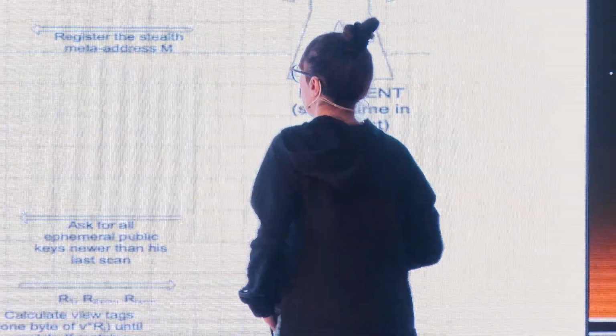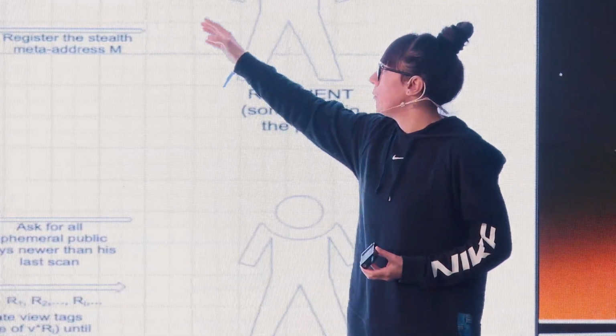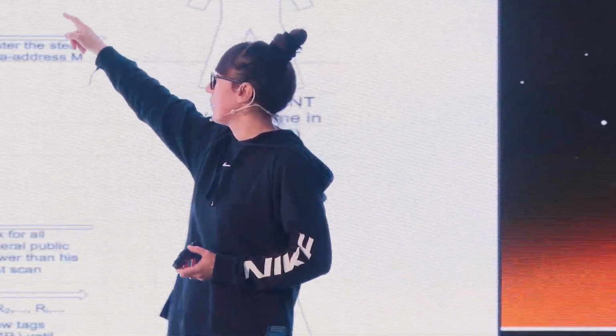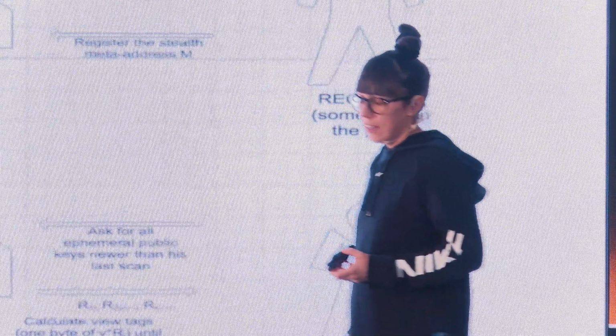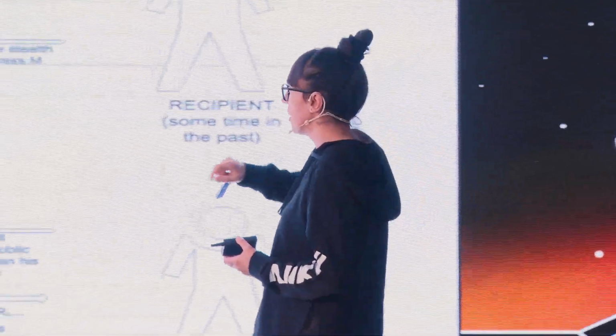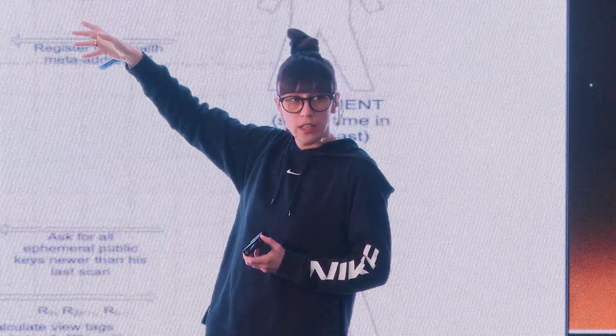So we have the recipient, Bob. Bob will generate two pairs of keys: the private key, little k, and the public key. He obtains the public key as a result of multiplication of the generator point on the second subgroup on the elliptic curve, okay?